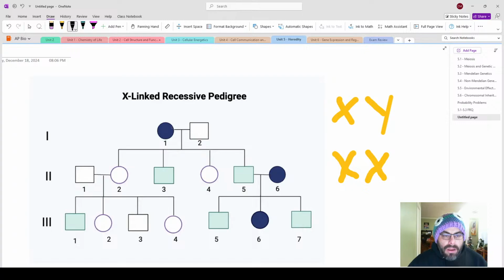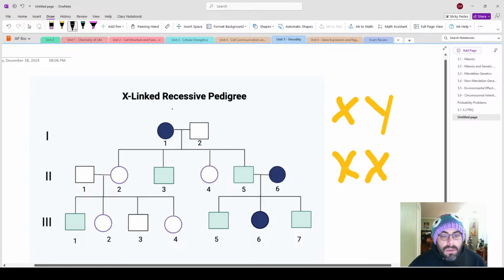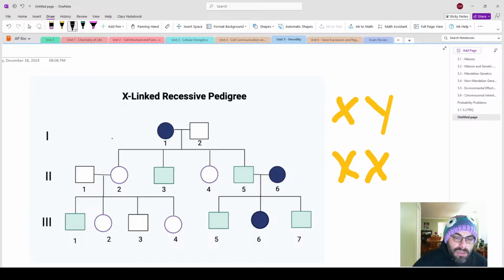And like all pedigrees, the shaded squares show the individual that has the condition, unnamed in this particular pedigree, and those that are unshaded do not. And for some reason, they've chosen a different shading for males and females. This individual is female, just because it's a circle, and they have the condition.